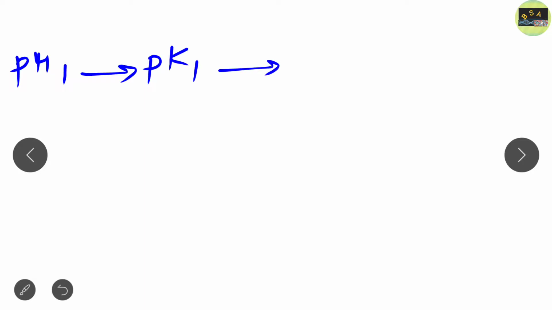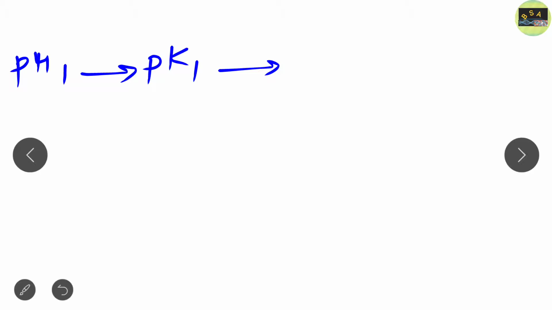Okay, now let's look at how to calculate charge for basic amino acid, that is, for basic ionizable side chain amino acid. We use the same trick: we take pH 1 to pK1. We are going to take the example of histidine.